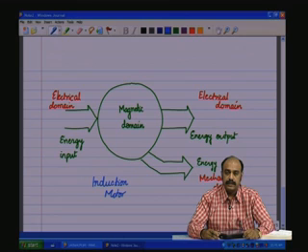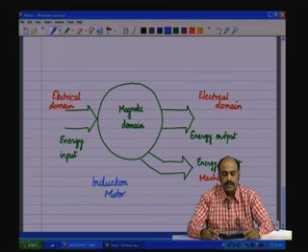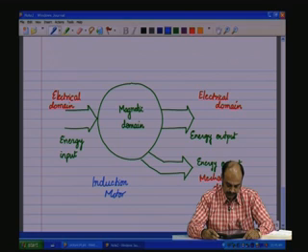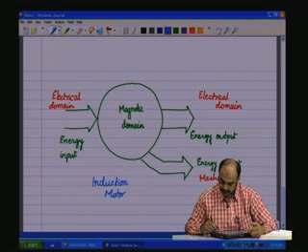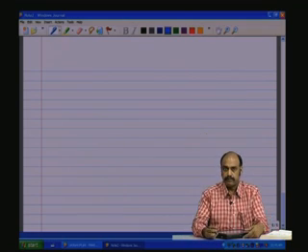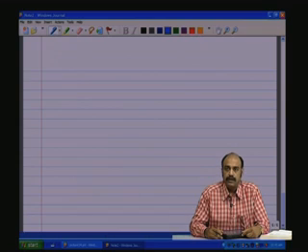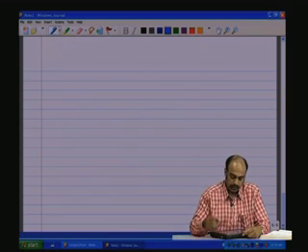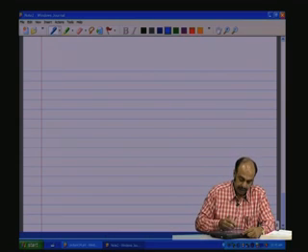So, it is essential that we know something about this very popular motor, which is used in the industry and everyday applications.